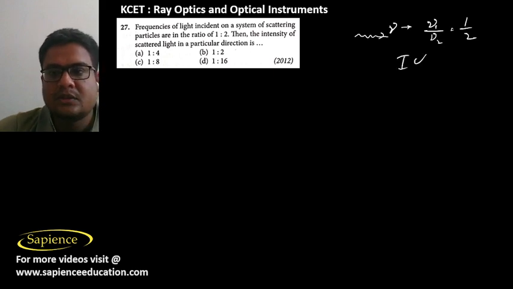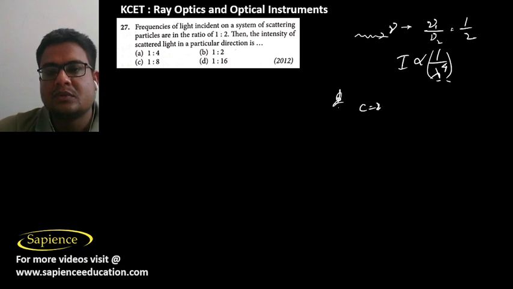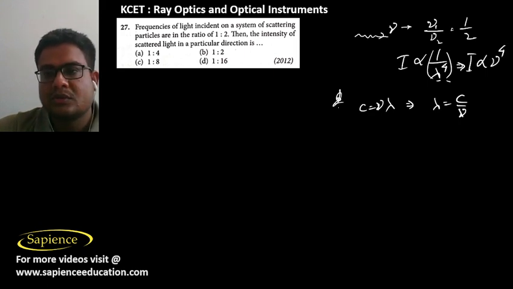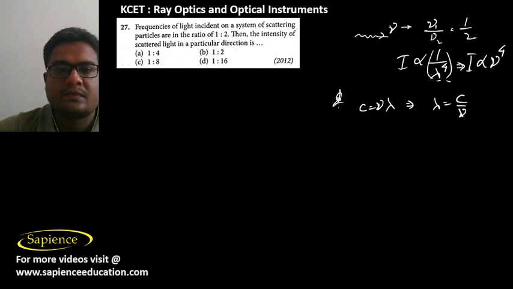So intensity is inversely proportional to lambda power 4. We know that c is equal to nu into lambda, so lambda is equal to c by nu. Therefore, I can say that the intensity is directly proportional to the fourth power of the frequency.